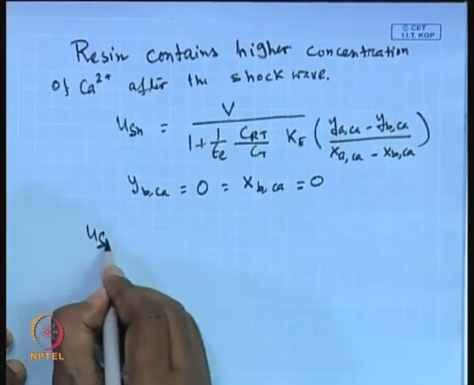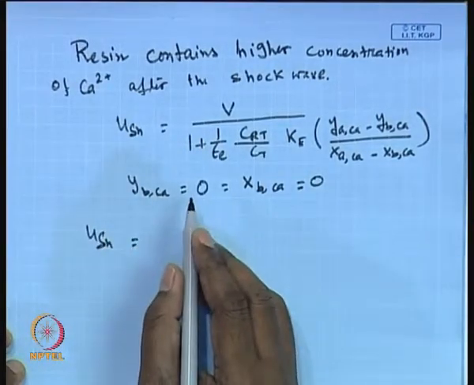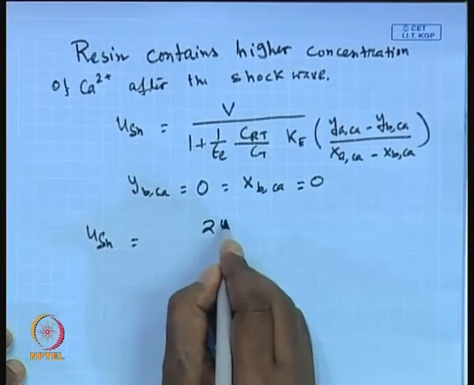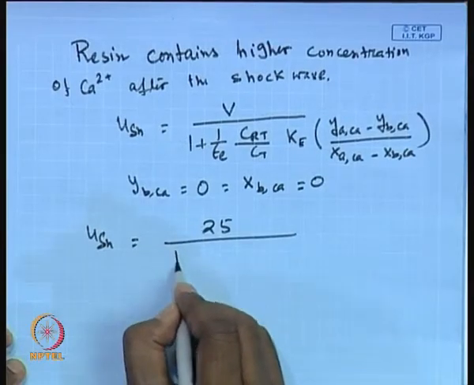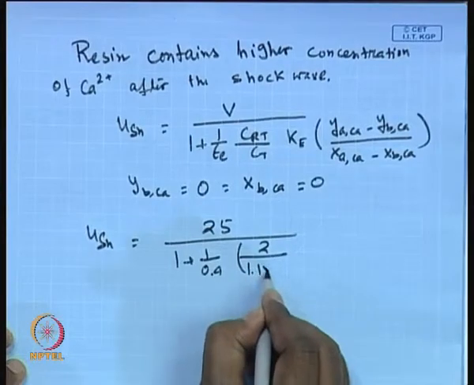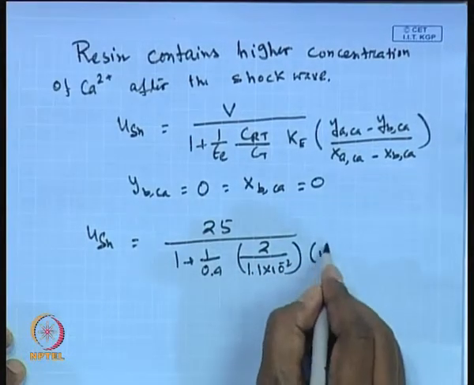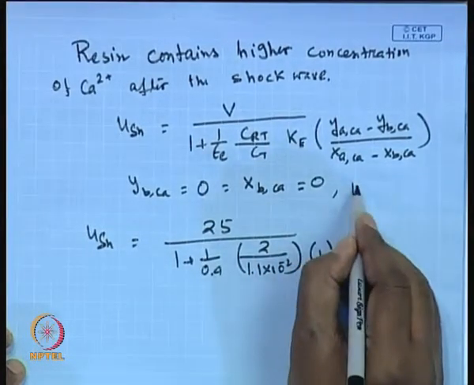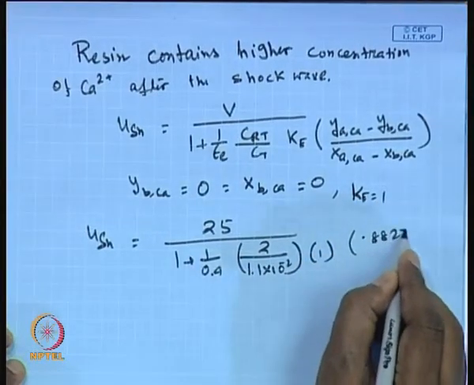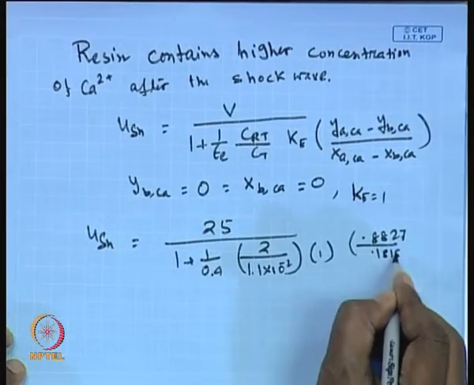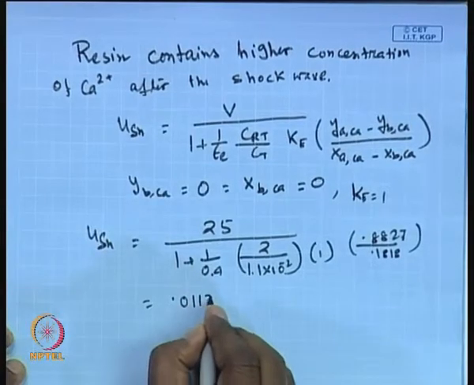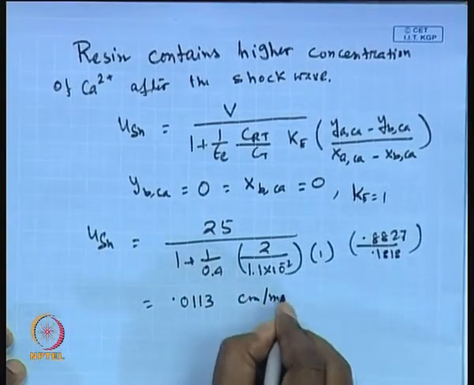So, now if you put the values, this becomes 25 divided by 1 plus 1.4 divided into 2, 1.1 into 10 to the power minus 2 multiplied by 1, Ke will be equal to 1, okay, and this is 0.8827 divided by 0.1818, and it turns out to be 0.0113 centimeter per minute.